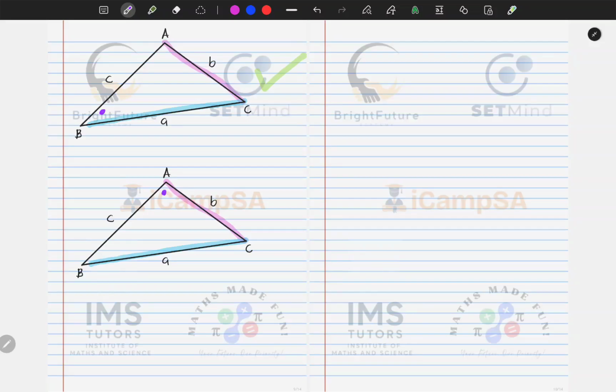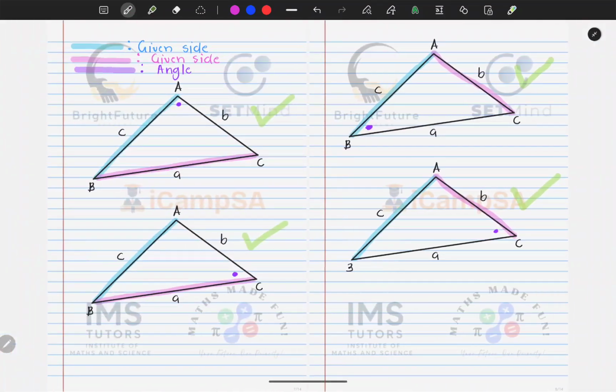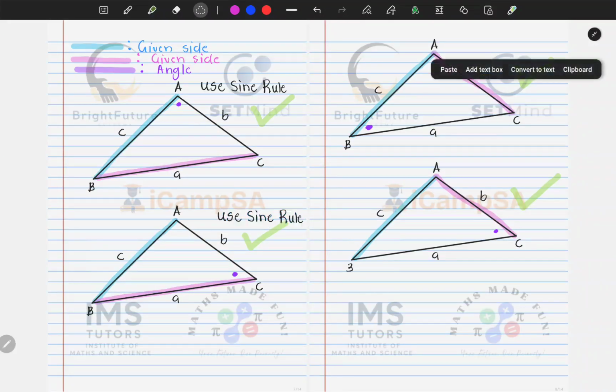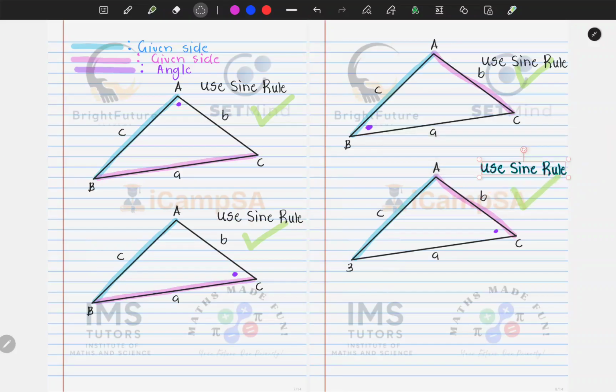So now, how do we write the sine rule properly? Let's tick here. We can use the sine rule. If you look carefully here, because we don't have the V, we can use sine rule. Yep, we can use the sine rule here. And obviously we can use the sine rule even on this one, that one, this one.